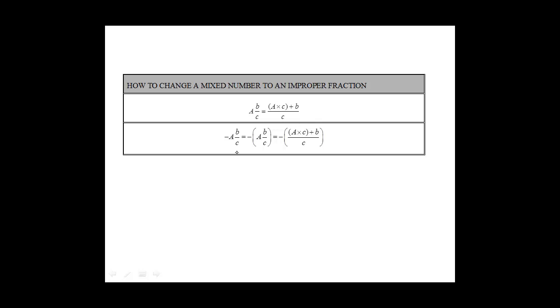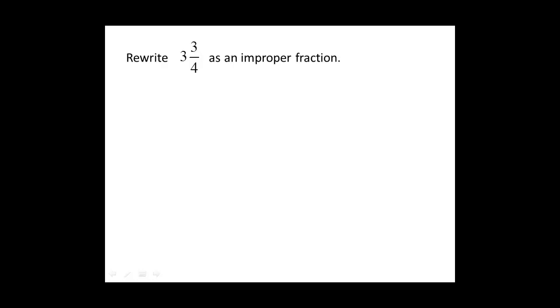When dealing with a negative mixed number, know that the negative makes the entire mixed number negative. So we will determine the improper fraction of the mixed number, and then that number will be negative.